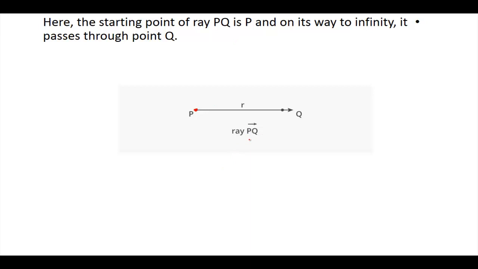It starts from P, but it hasn't any limits at Q. So again, the ray is represented by a starting point and a line, but in the other direction it has no limits.